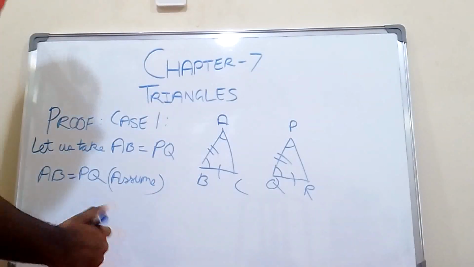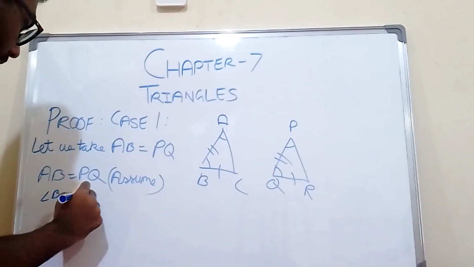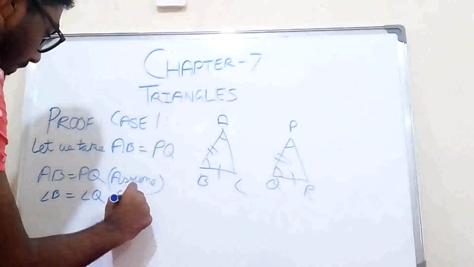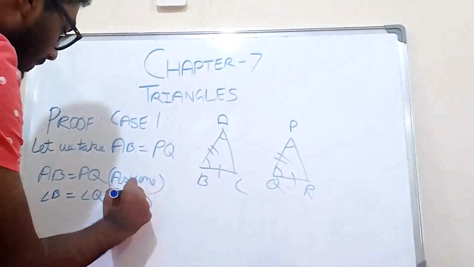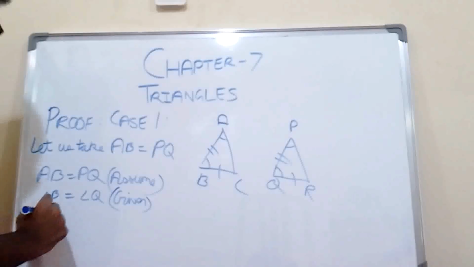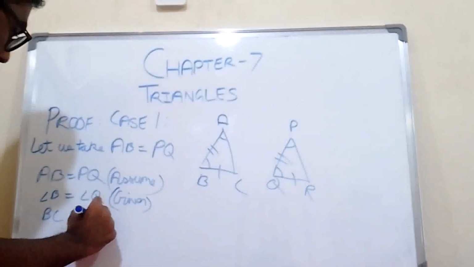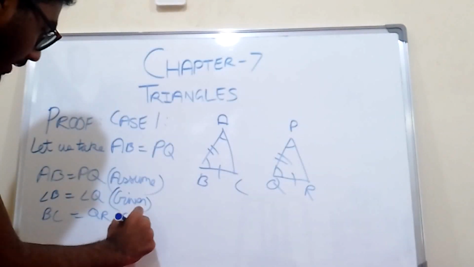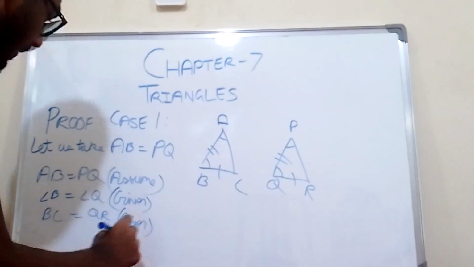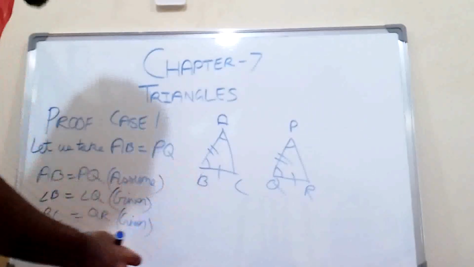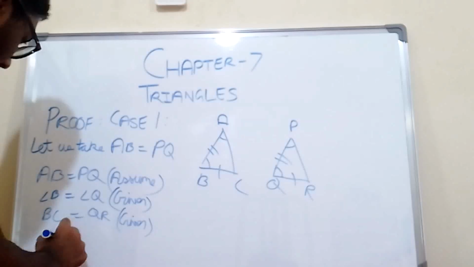Now we have angle B equals angle Q given to us, and BC equals QR, which is also given to us. So using SAS we can prove that these two triangles are equal.